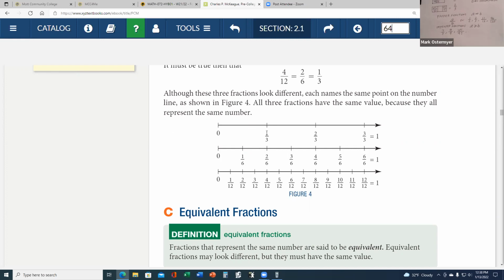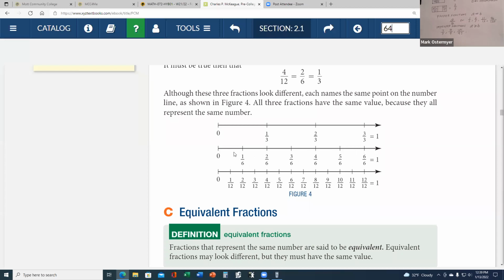So in 1/3, as it turns out, there are what? 2 sixths in 1/3. All right, in 2/3, there are 1, 2, 3, 4 sixths in 2/3. All right, another name for 1 is 6/6. Do you agree?